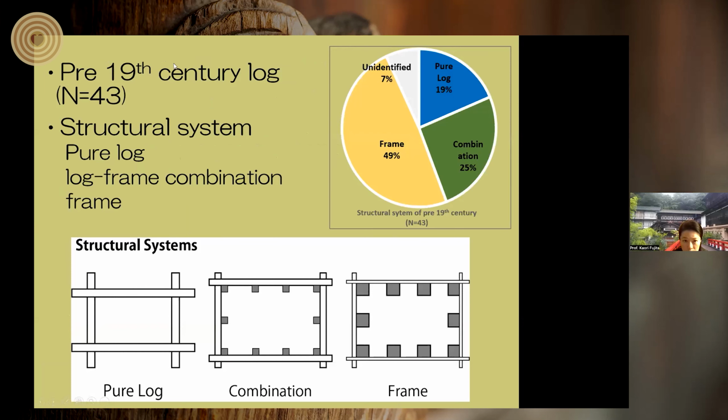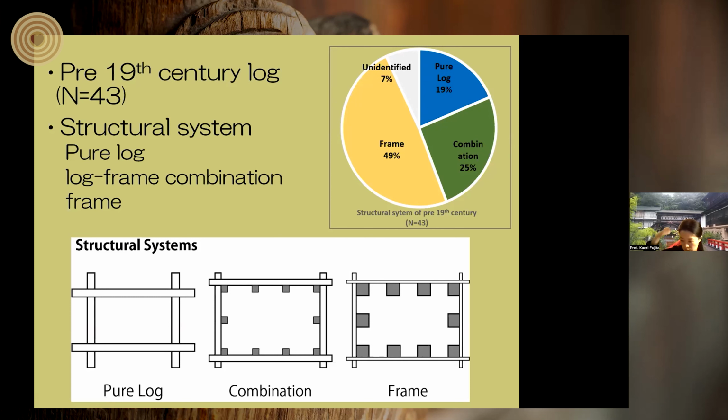Even though these pre-19th century buildings look like log architecture from the exterior, the structure type is actually not so purely log. The purely log type, in which the logs are load bearing for the vertical load, is only 20%. 25% has columns and beams inside, and also log walls, and the load-bearing system is not so evident.